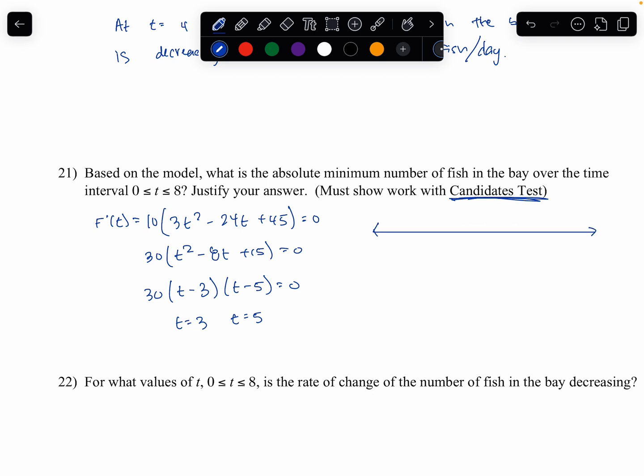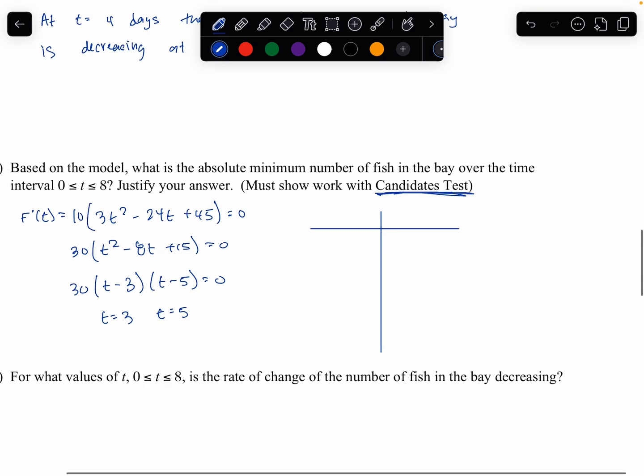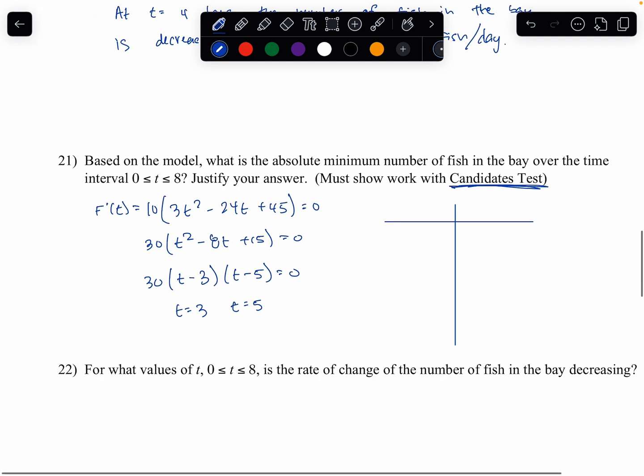So, no, we don't need a number line. This is the candidates test. We need a table. So we'll make a table. Table is good for work here. We're just going to plug in the endpoints, 0 and 8, and our critical points, 3 and 5.